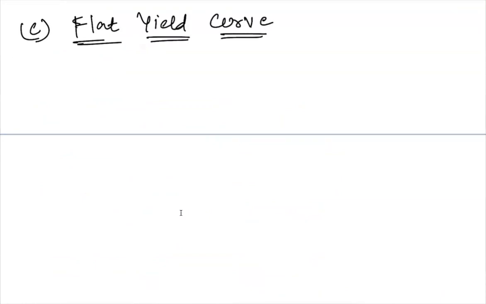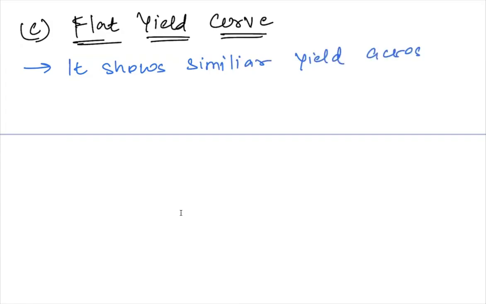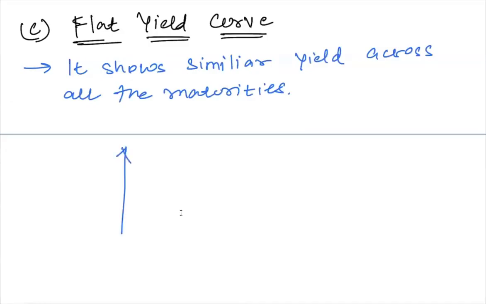What do you mean by a flat yield curve? It shows similar yields across all the maturities. It will have something like this.